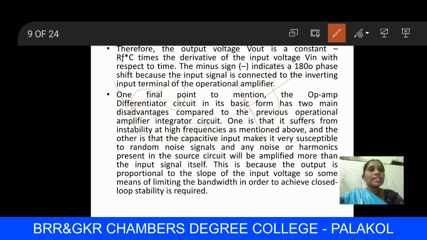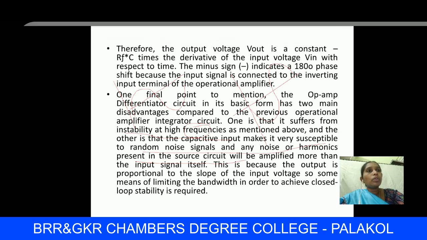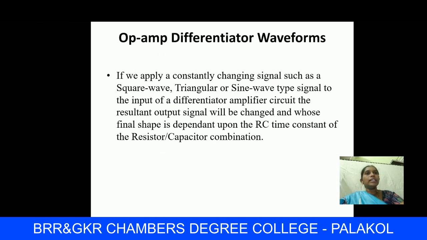And the next one is, it is very susceptible to random noise signals, and noise harmonics present in the source circuit will be amplified more than the input signal itself. That means compared to the input signal, the noise signal will be amplified. Okay, so these are the drawbacks appearing in the differentiator. Now we will move to another topic.